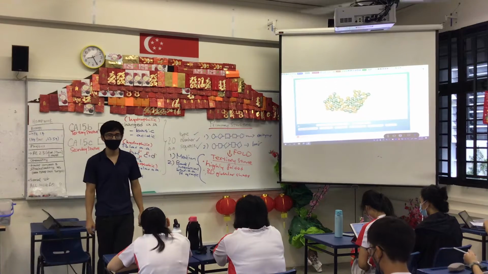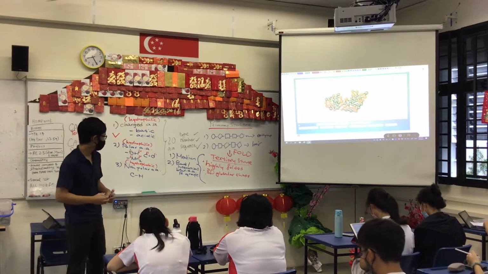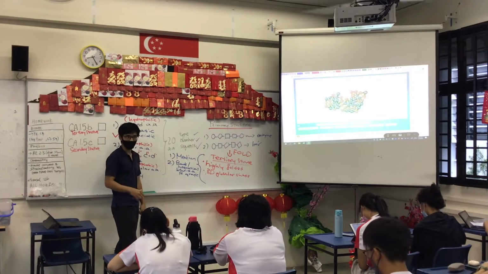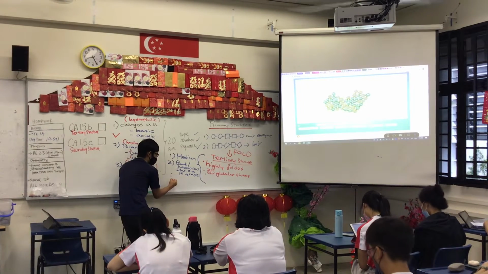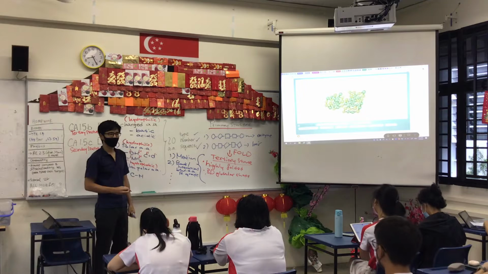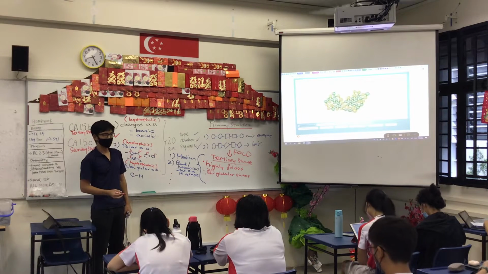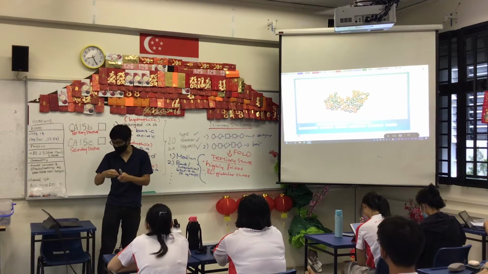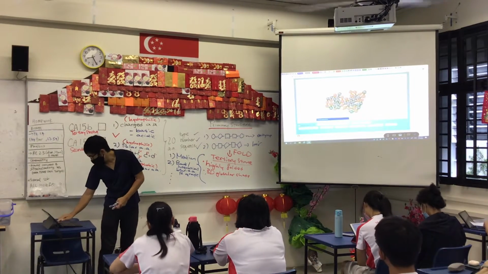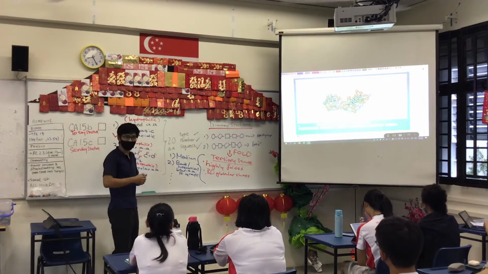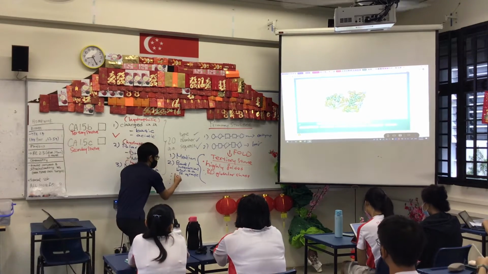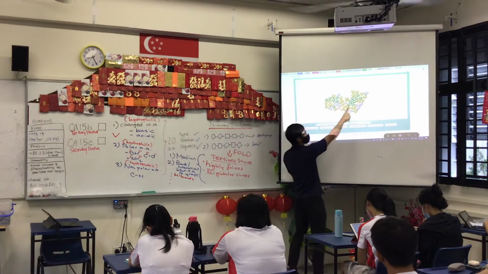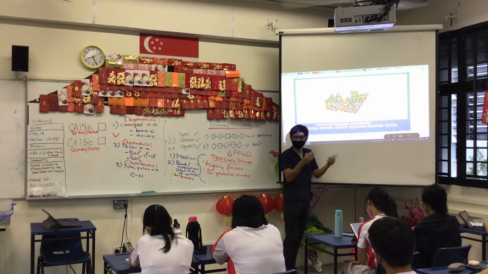Okay, the second thing. Can you list down some bonds or interactions that can help hold the R groups together? What do you think is attracting all these R groups together? Okay, here's some bonds. Number one, hydrogen bonds. Hydrogen bonds will be attracting all the green ones, the hydrophilic ones.